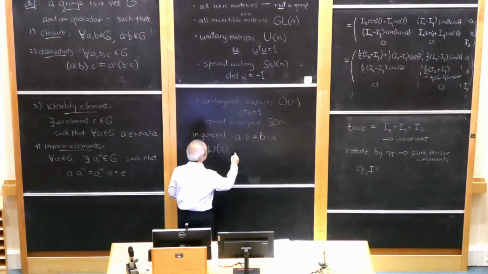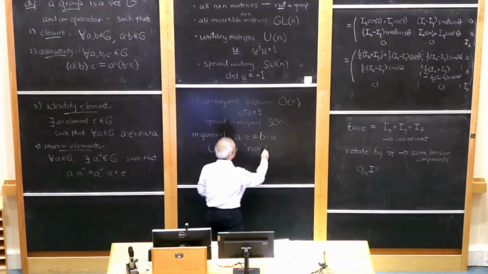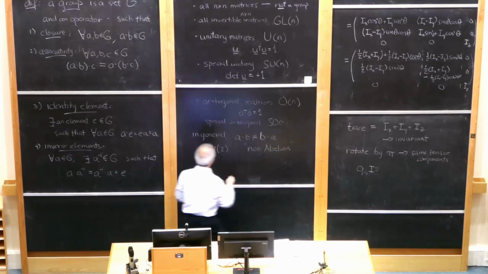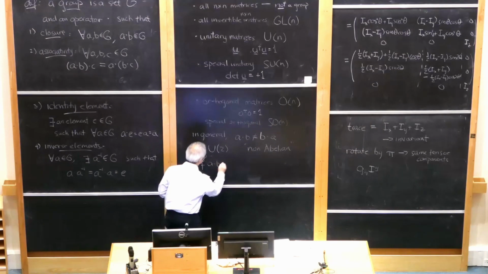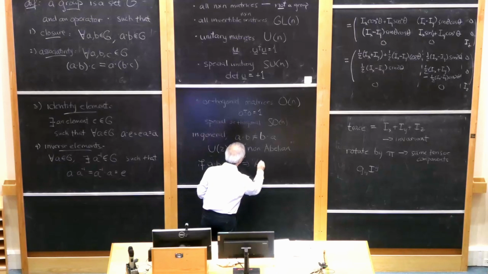So this is actually called non-abelian. Fine, to start off with that, because actually, if A dot B is equal to B dot A, then we have what we call an abelian group.